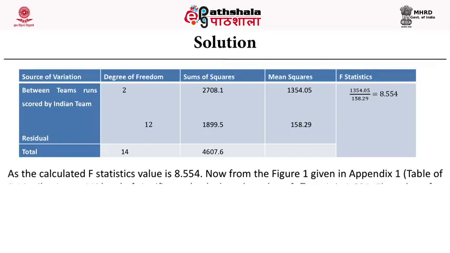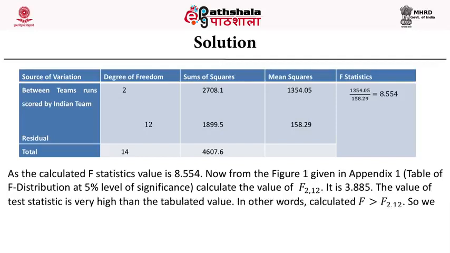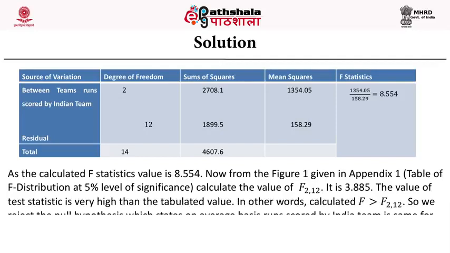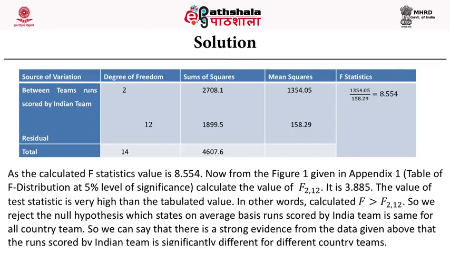The value of the test statistic is very high compared to the tabulated value. In other words, the calculated value of F is greater than F with degrees of freedom 2, 12. So we reject the null hypothesis, which states that on average the runs scored by the Indian team are the same for all country teams. So we can say there is strong evidence from the data that the runs scored by the Indian team differ across different country teams.